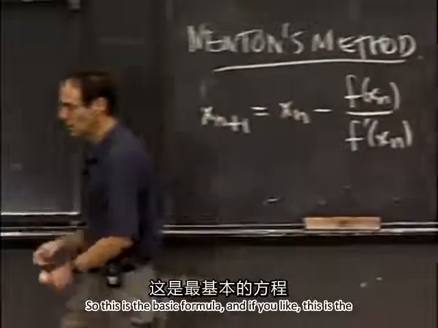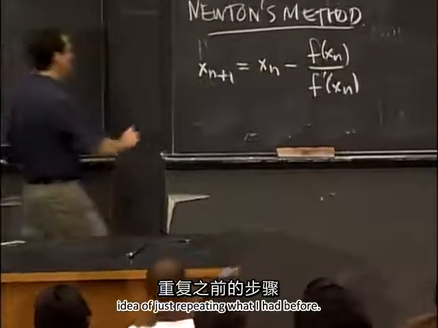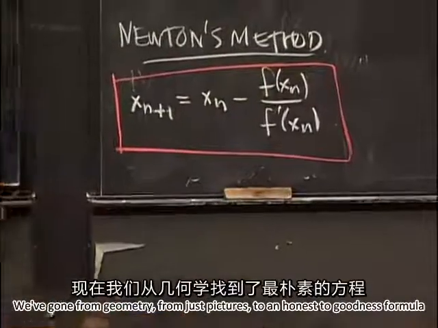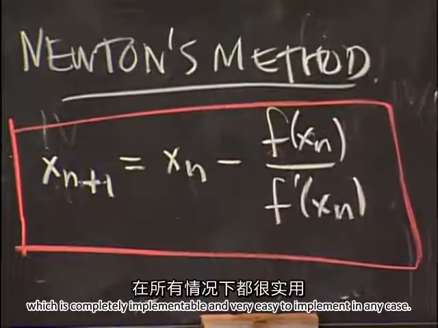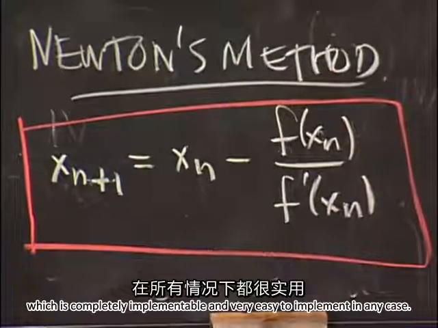So this is the basic formula, and this is, if you like, the idea of just repeating what I had before. Now we've gone from geometry, from just pictures, to an honest-to-goodness formula which is completely implementable and very easy to implement in any case.